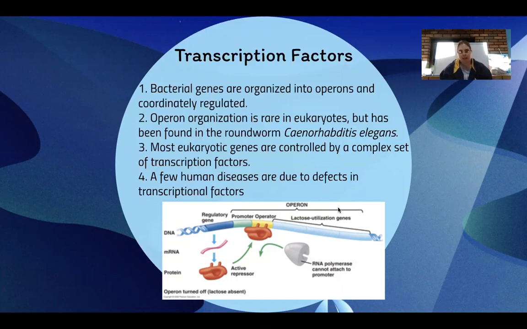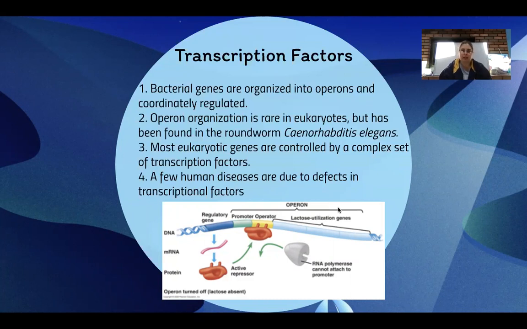Now, because of this, they actually have their genes organized into operons. And what an operon is, it's a unit made up of linked genes, which is thought to regulate other genes responsible for protein synthesis. So it's a unit that helps to regulate protein synthesis.